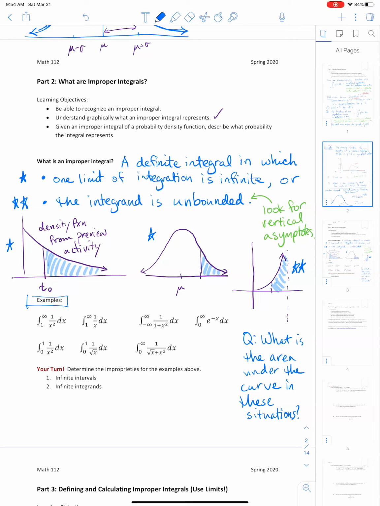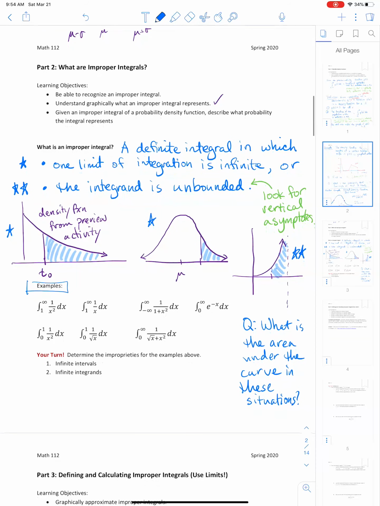So go ahead and do that, and when we pick up with the next video, we will very quickly review those responses and move on to the limit definition that we can use to make sense of the areas that we're thinking about here.